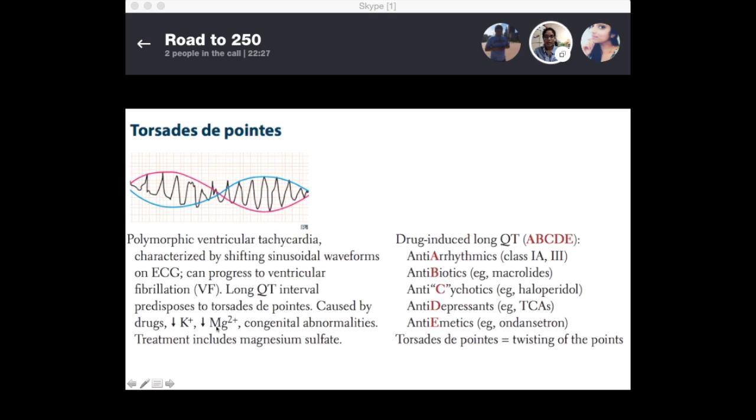In addition to that, torsades can be caused by electrical abnormalities with decreased potassium and decreased magnesium.